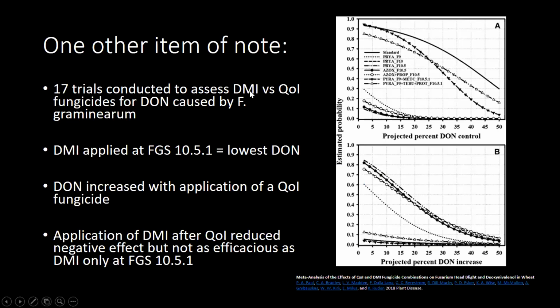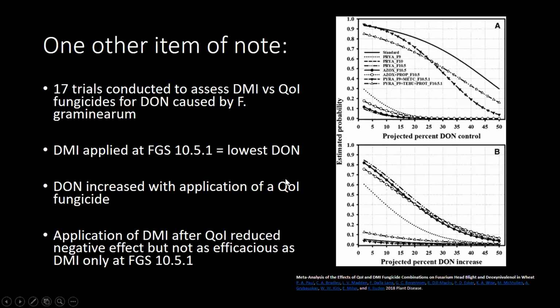This is a citation, but basically what we've shown is that going out in a field and applying a strobilurin only product, which would be something like Approach or Headline or Quadris or the generics with azoxystrobin, that those actually can increase the amount of vomitoxin relative to a non-treated check.